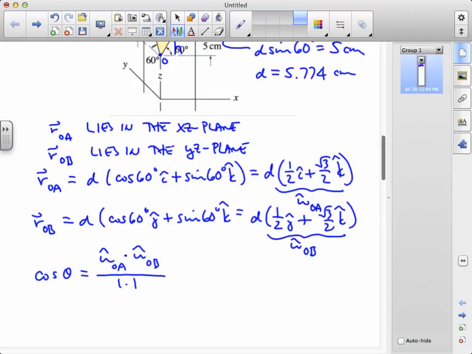So theta is the arc cosine of u_OA dot u_OB. And notice that the only thing that's common between those two unit vectors is a k component. So the numerator here will simply be root 3 over 2 squared, or 3/4. And theta then is just the arc cosine of 3 over 4. And that number turns out to be equal to 41.4 degrees.